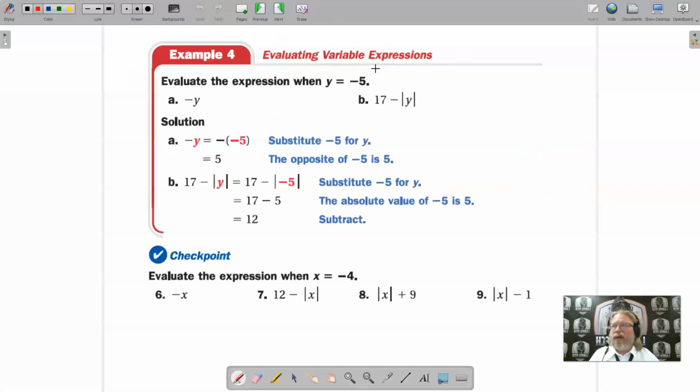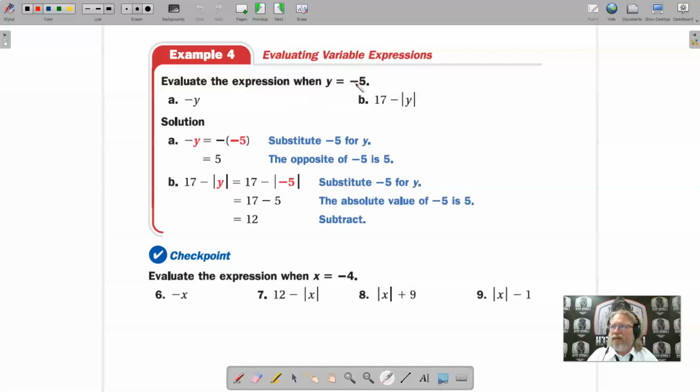Evaluating variable expressions. We're going to take this idea of absolute values and opposites, and we're going to plug that into a problem and work it out. On this first one, A, evaluate the expression when y is equal to negative 5. So whatever y is, we're going to make it negative 5. The opposite of y. What is y? It's negative 5.